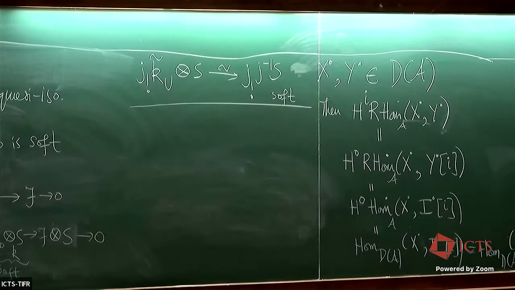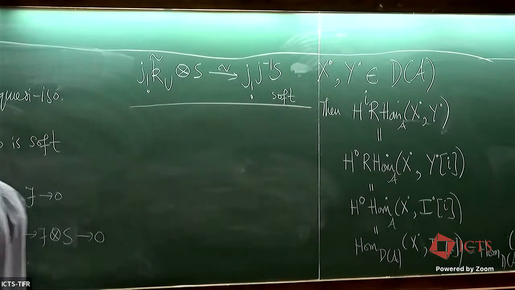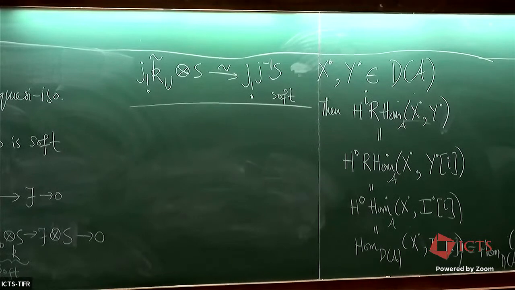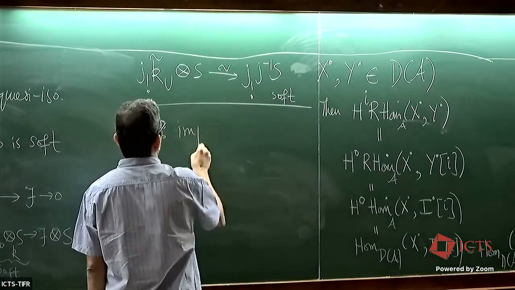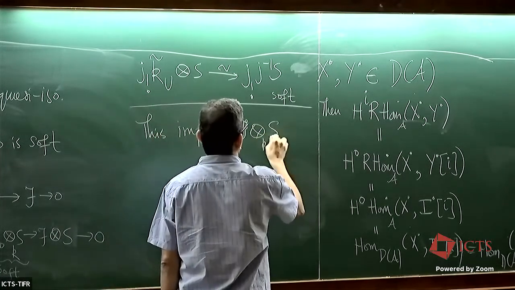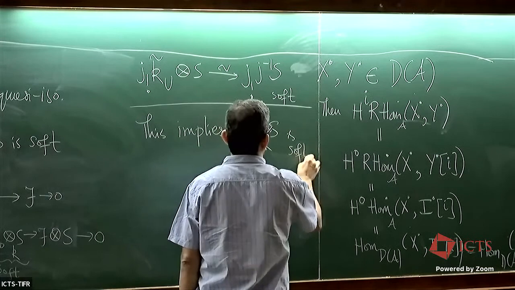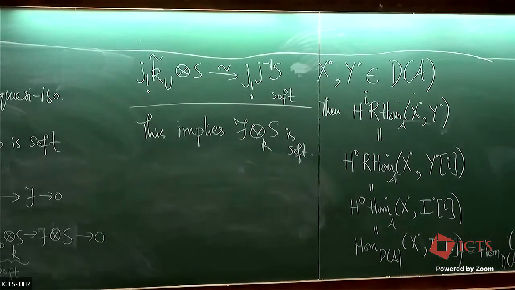So I have a bunch of soft sheaves here, but we know that the cohomology vanishes after a certain number. And we have taken a resolution of length more than m. So one can now argue that this implies F tensor S is soft, because m is greater than or equal to n.